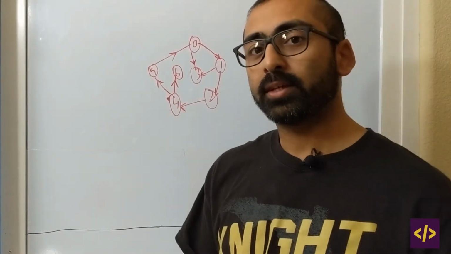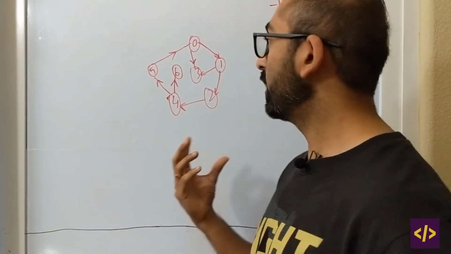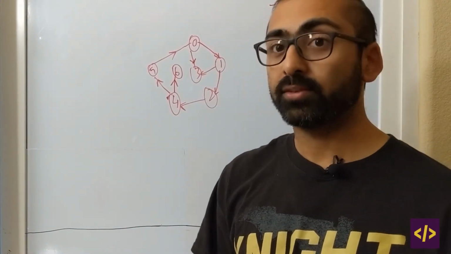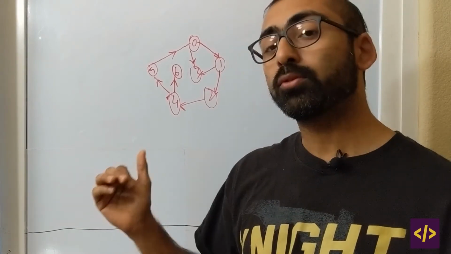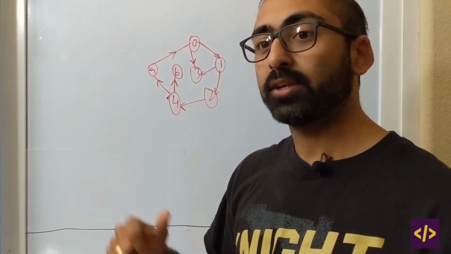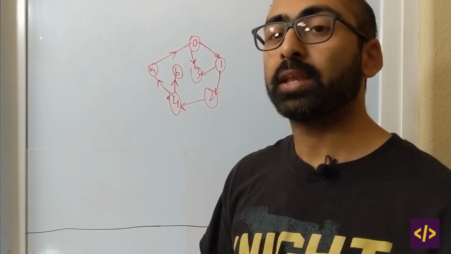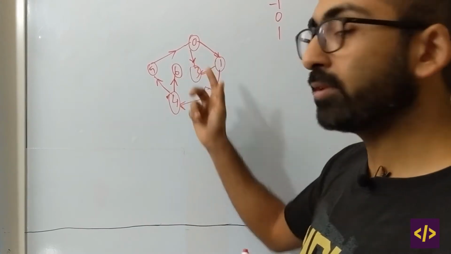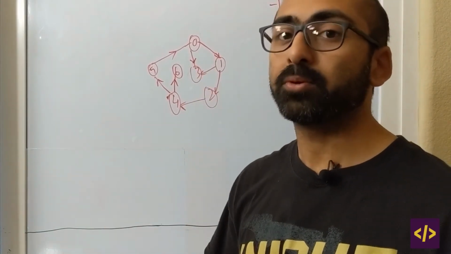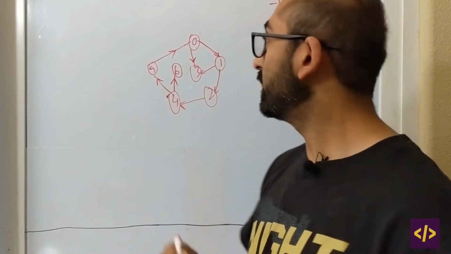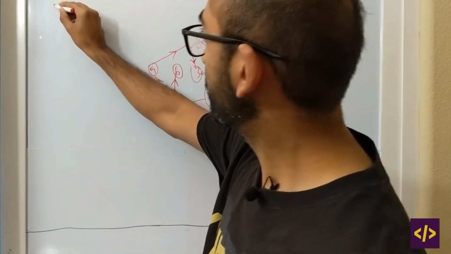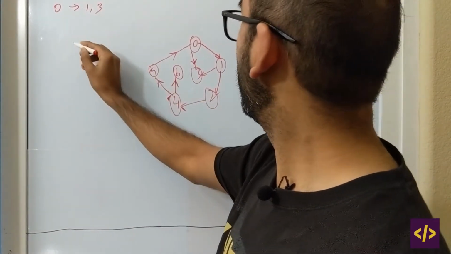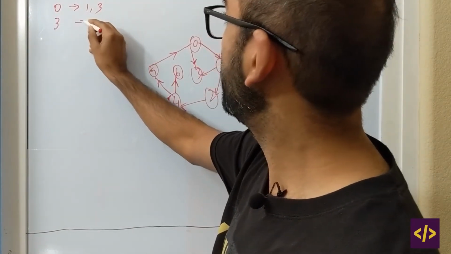Now, let's see how we can use this three-state method to find out if there's a cycle in the graph or not. I will go through some wrong paths first to give an idea of what we're doing. So how would you represent this graph in an actual program? I'm going to use the adjacency list. For 0, the adjacency list would be 1 and 3. For 3, there will be nothing.